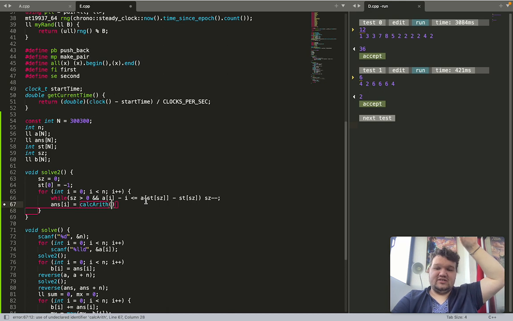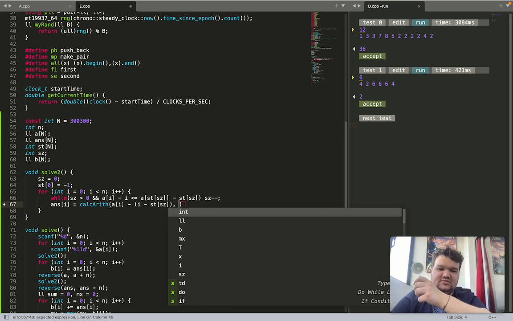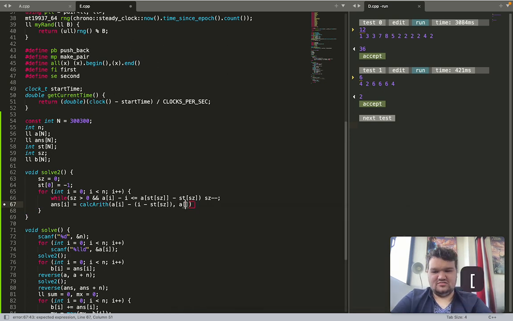I arrive at ai minus the distance, but both ends should not be included. But I can just say, okay, let's give the ends to the function that will calculate the sum, and it will reduce them there.